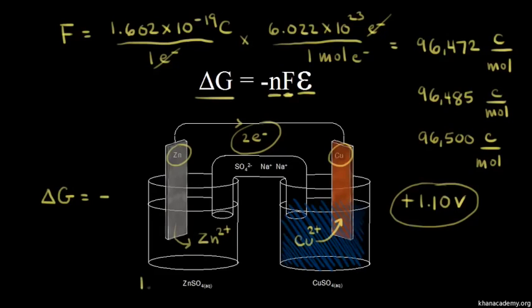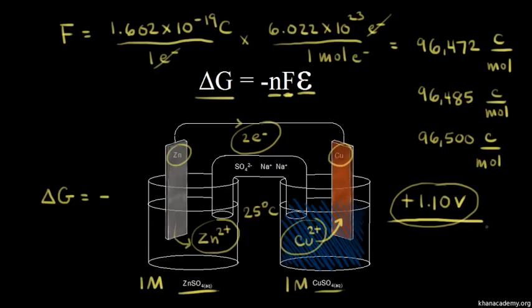So we have a 1 molar solution of zinc sulfate, which gives us 1 molar zinc 2+ ions in solution, and a 1 molar solution of copper sulfate, which gives us 1 molar copper 2+ ions in solution. And our temperature is 25 degrees C. So if those are your conditions and you hook up a voltmeter, this is the voltage that you will get.